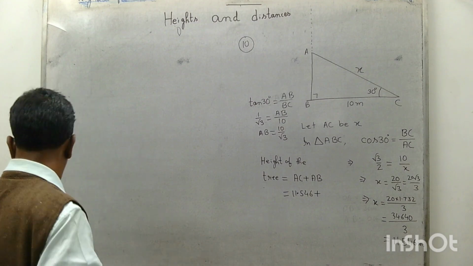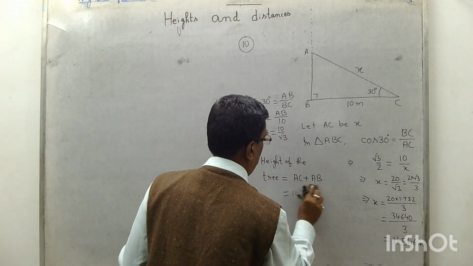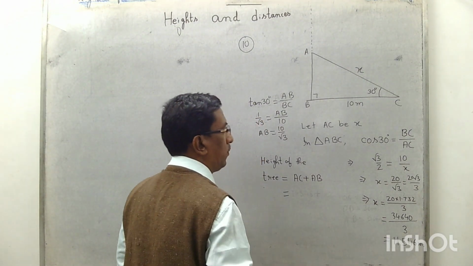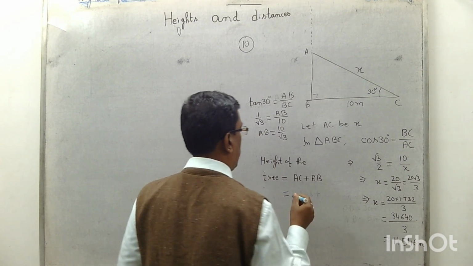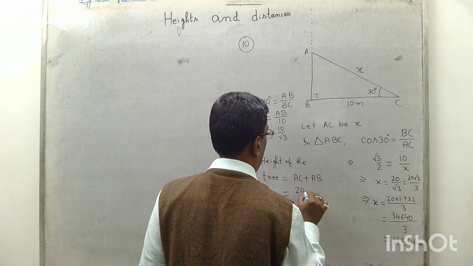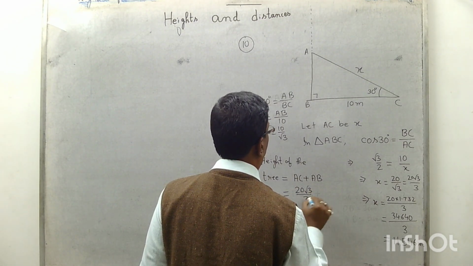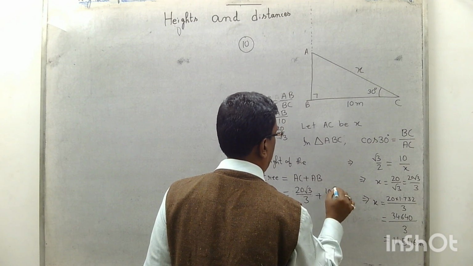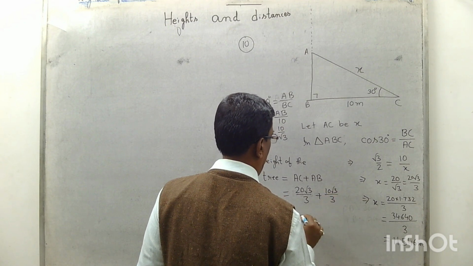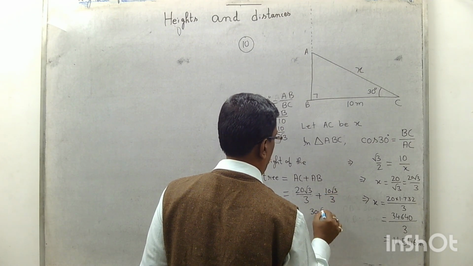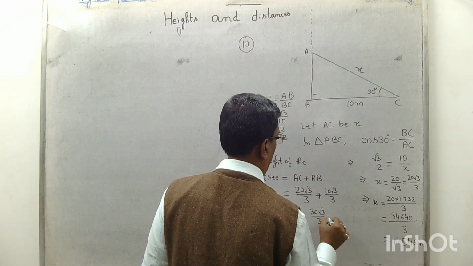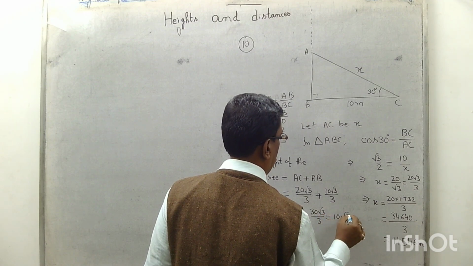So here we can find this way also, not taking this value, simply 20 root 3 by 3 plus 10 root 3 by 3. We have 30 root 3 by 3. That means 10 root 3.